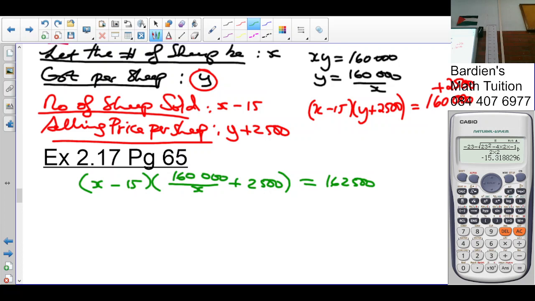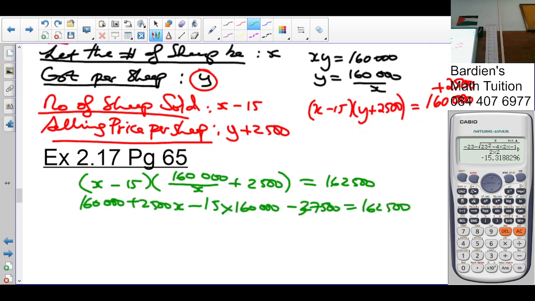Okay, we multiply this out. Once this is multiplied out, I get 160,000 plus 2,500x minus 15 times 160,000 minus 37,500 equals 162,500. This simplifies to 2,500x squared minus 40,000x minus 15 times 160,000.